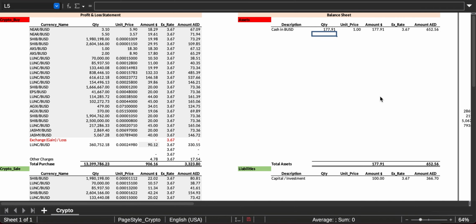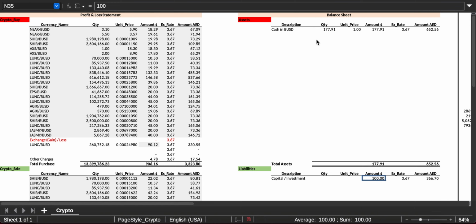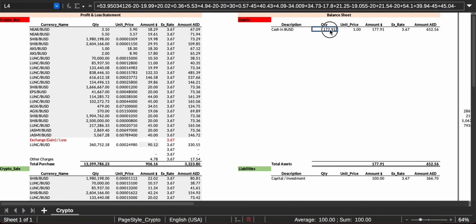So now the BUSD in our hand is 177.91. You can see how much we invested, $100. How much BUSD in our hand, 177.91. So you can easily see that 77.91 is our profit.